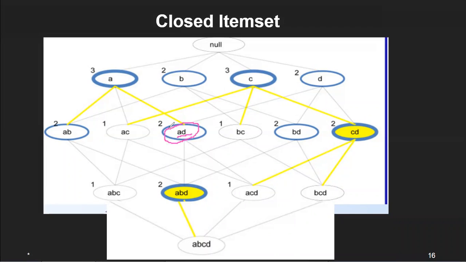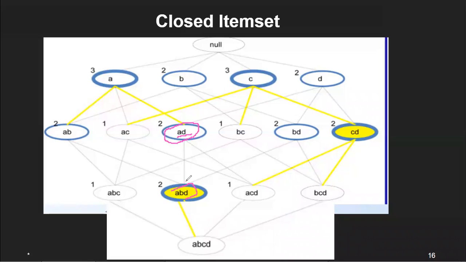But it has the same support as ABD. ABD is a superset of AD. Check here, it is not a closed frequent item set. Why?